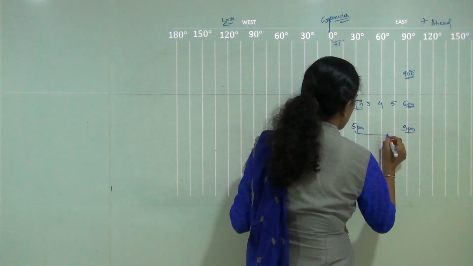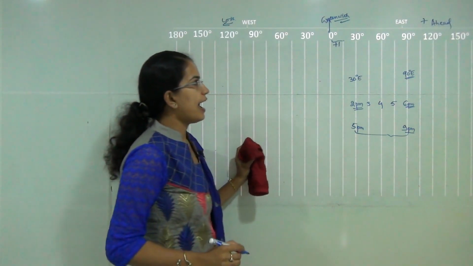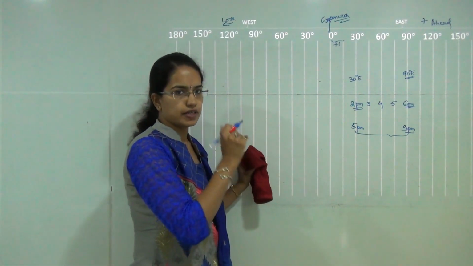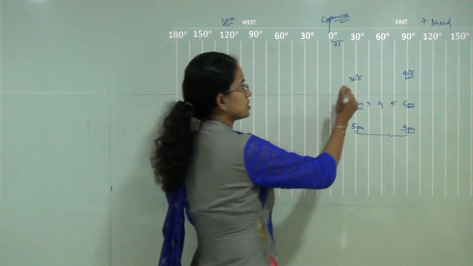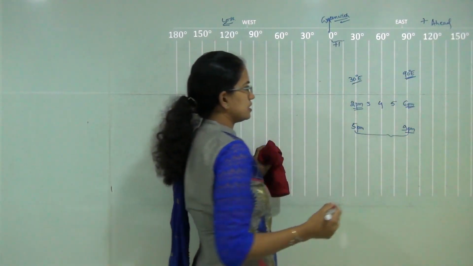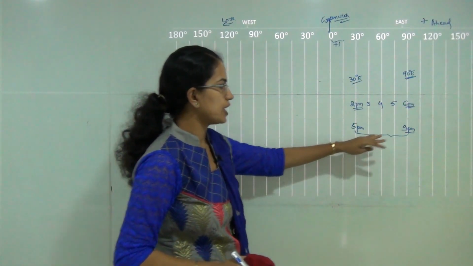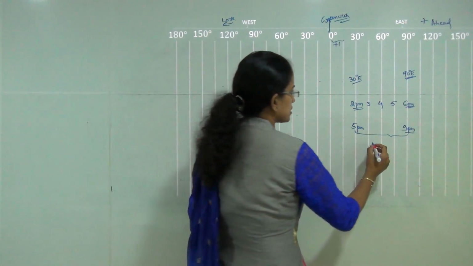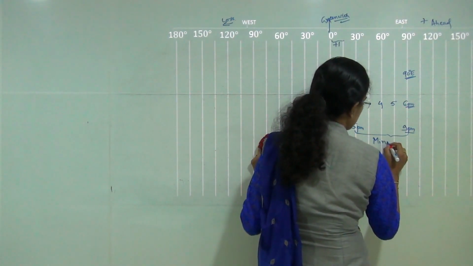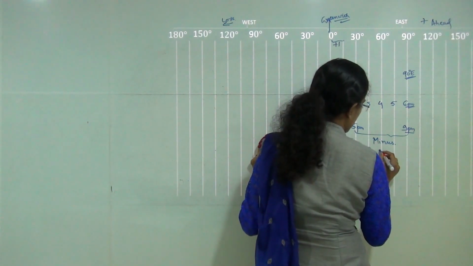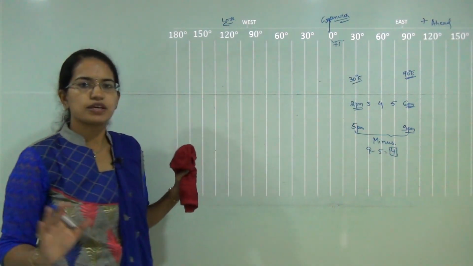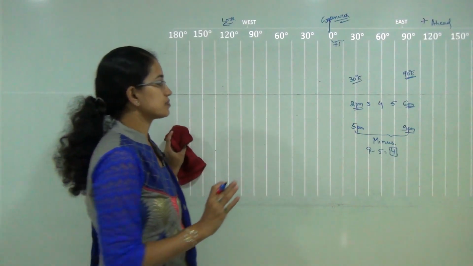When I am having such a question, I have to see whether the values are towards the east or the west. Since both the values are 30 degrees east and 90 degrees east, and you have one time as 5 p.m. and another time as 9 p.m., I'll simply do the subtraction of the two times. So 9 minus 5 would be 4. So the difference between the time zones would be 4 hours.